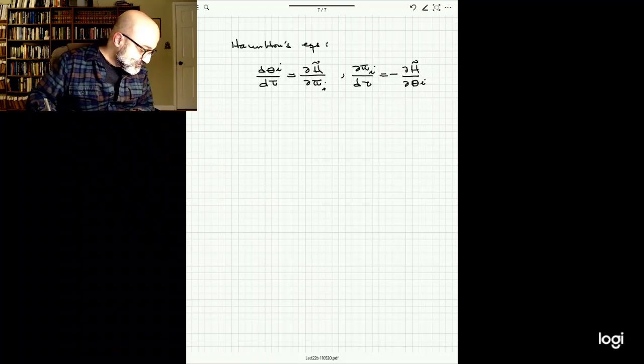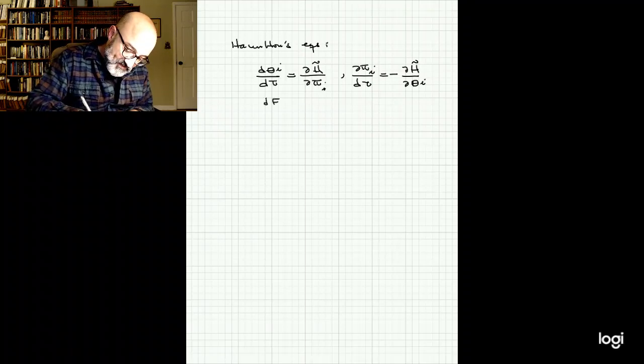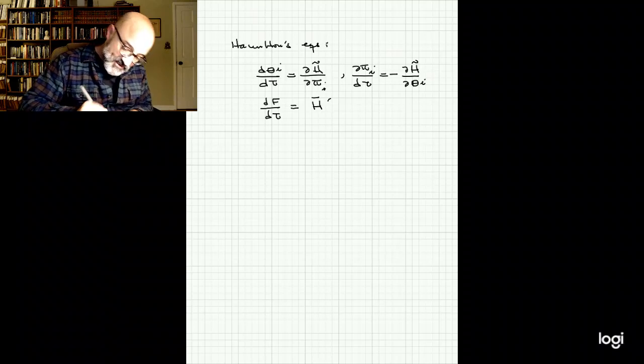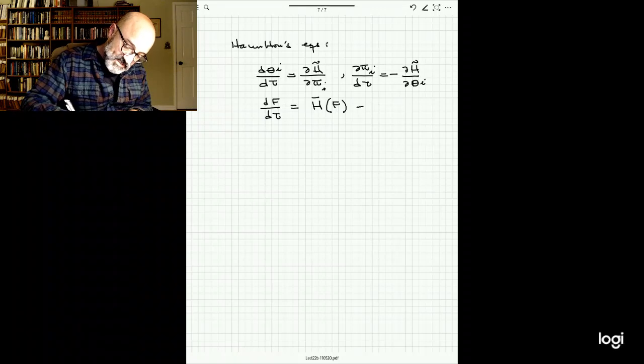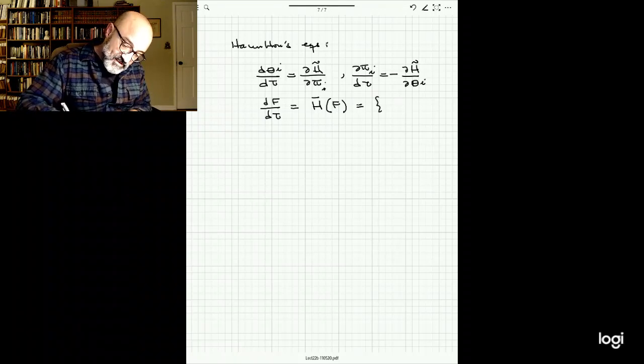Furthermore, the derivative of any function with respect to time is going to be given by, well, if you have a vector, it's going to be the vector acting on the function. But this is exactly the same as the Poisson bracket of f and h.